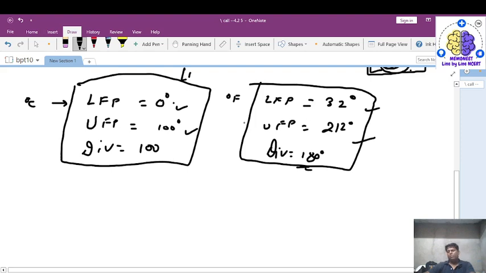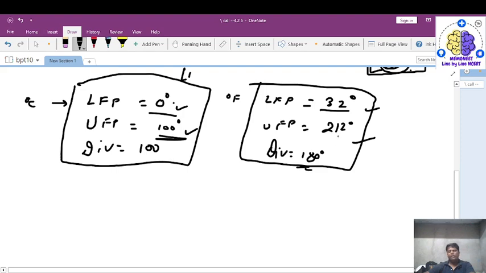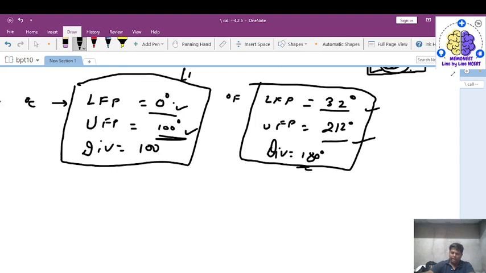What I mean to say here is that if we measure the melting point of ice using the centigrade scale, it will be measured at 0 degrees, whereas using the Fahrenheit scale, it will be measured as 32 degrees Fahrenheit. On the other end, water will boil at 100 degrees centigrade, and in the Fahrenheit scale, it will boil at 212 degrees Fahrenheit, right? This is what the lower fixed point and upper fixed point mean, as I told you in the beginning.